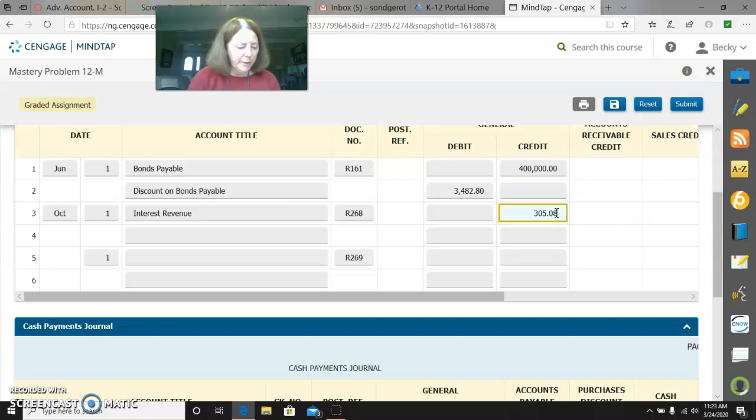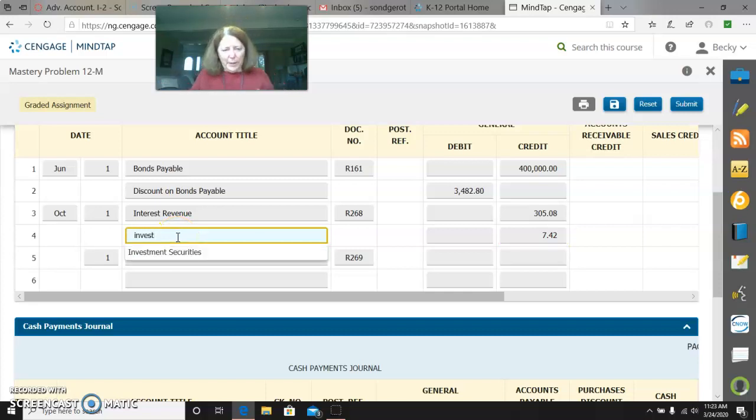The difference between the 305.08 of revenue and the debit on cash of 312.50 is $7.42, and I need a credit to make those equal. So I will credit investment securities, bringing the value of that account down closer to face value.